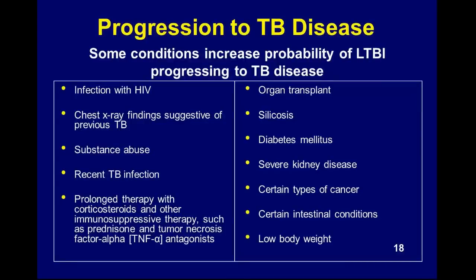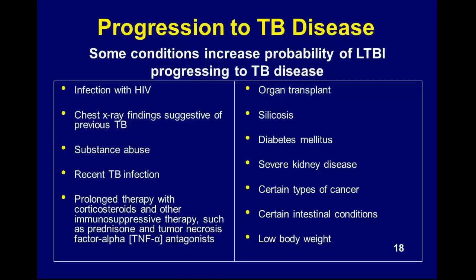And as you can see, these are some conditions that I would like you to know, which increase the probability of latent tuberculosis progressing to active TB. So obviously we mentioned infection with HIV, chest x-ray findings suggestive of previous, partially treated or untreated TB, substance abuse, recent TB infection, prolonged therapy with corticosteroids or immunosuppressive therapy such as prednisone, of course the TNF-alpha antagonists, also patients with organ transplant, silicosis, diabetes, end-stage renal disease on dialysis, cancer, intestinal conditions such as Crohn's, and low body weight.